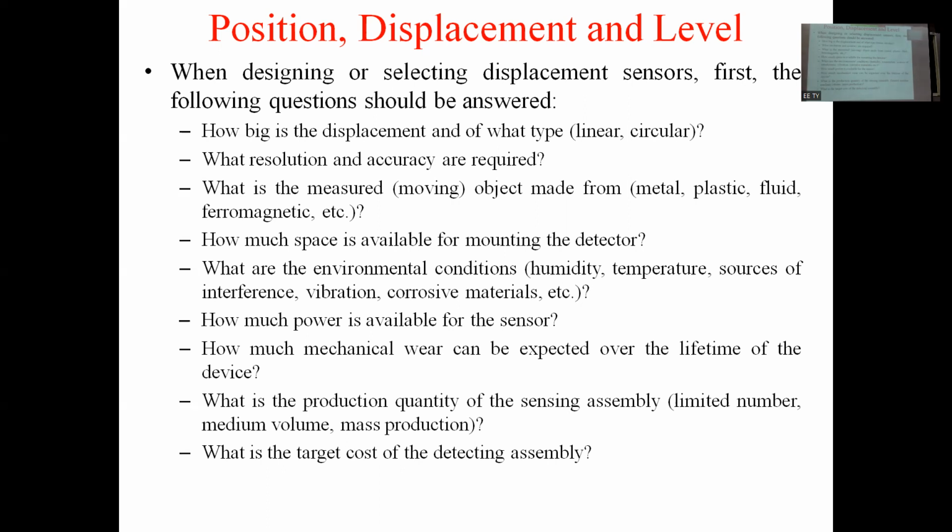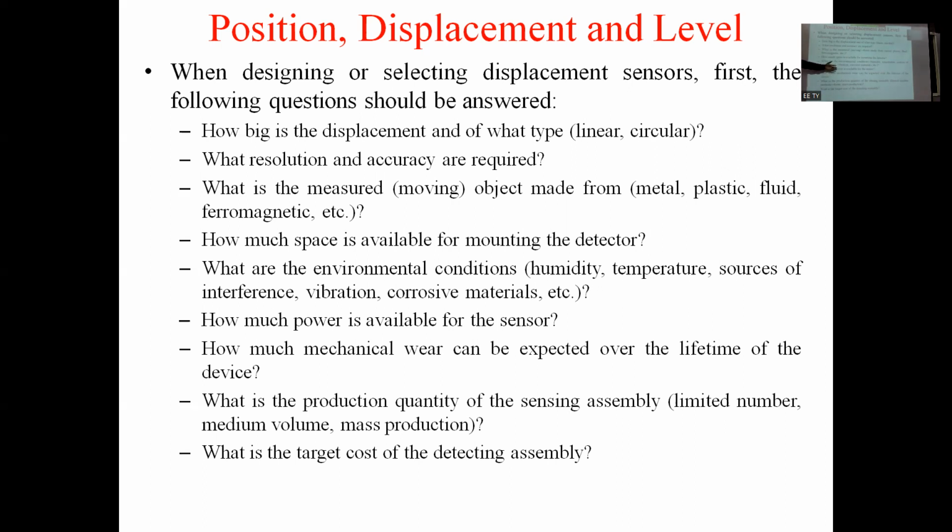What are the environmental conditions? Whether it is a humid environment, what is the maximum temperature or the range of temperature, sources of interference, vibration, and whether there is corrosive material. These questions should also be analyzed while selecting or designing such types of sensor, because due to a humid environment or temperature, the accuracy of some sensors can be lost.